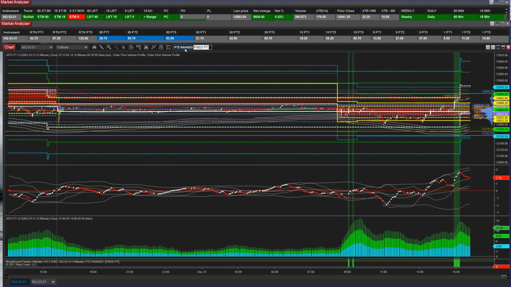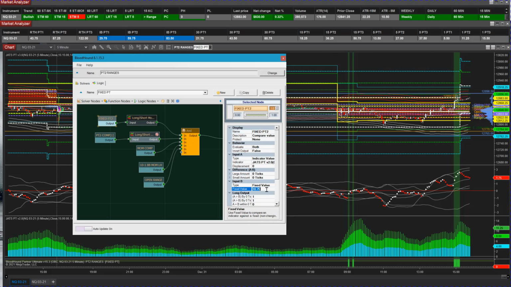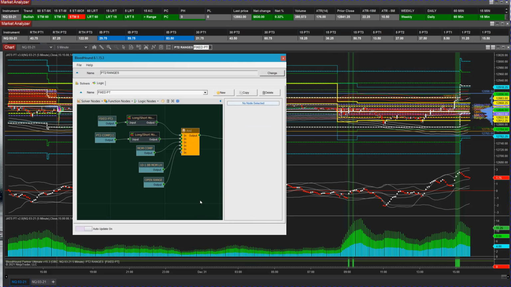We can come in here with Bloodhound, put our level in each morning, and then trade this stuff.